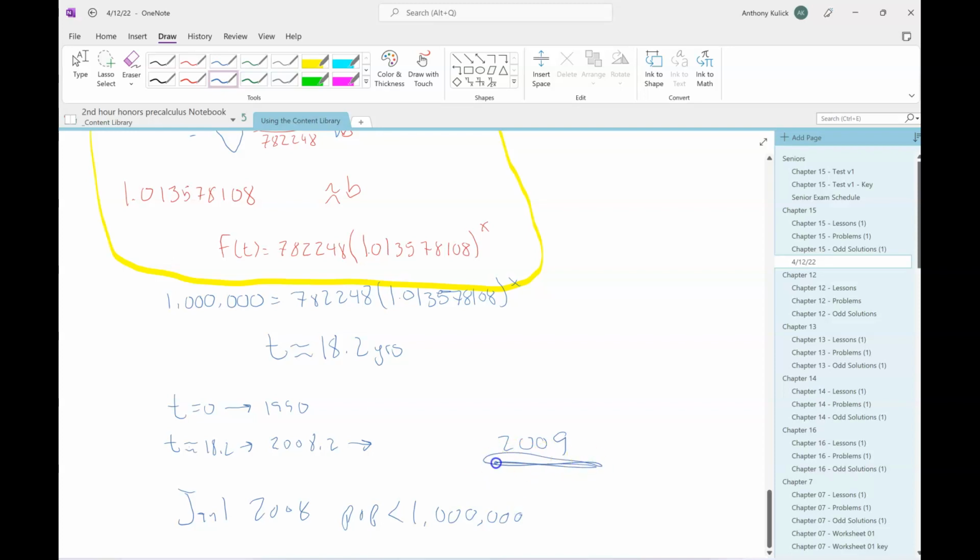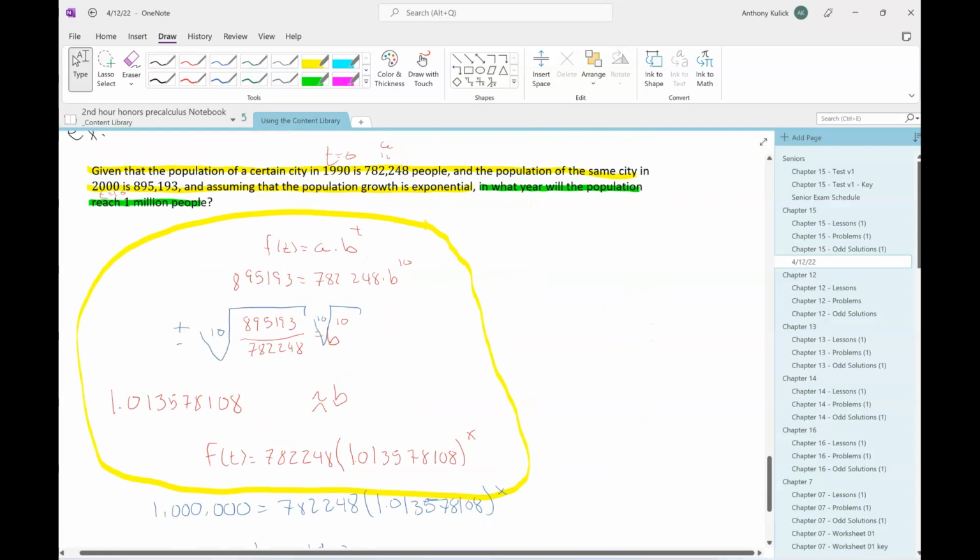The first year the population is over 1 million is 2009. Doesn't it ask when it will reach, not when it is? In what year will the population reach 1 million? You're still in the middle of 2008. Are you taking a census every day in a city? You don't take a census in 2008, you take a census like every 10 years. Oh my gosh.